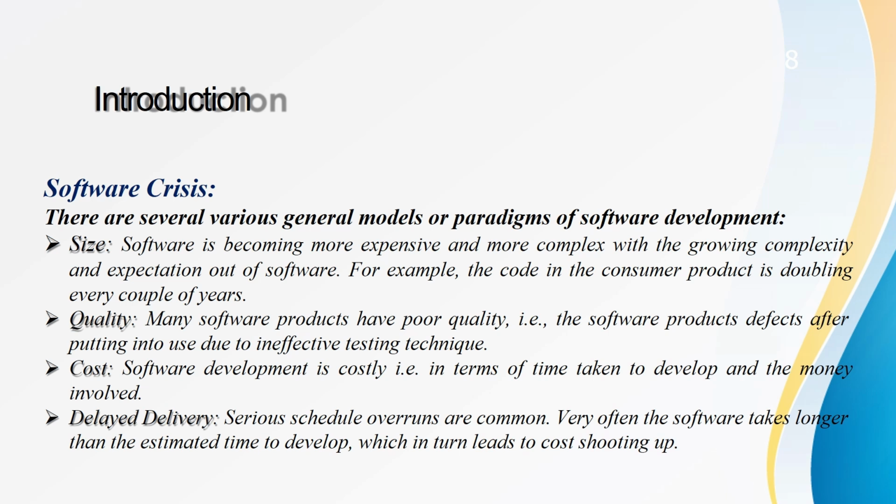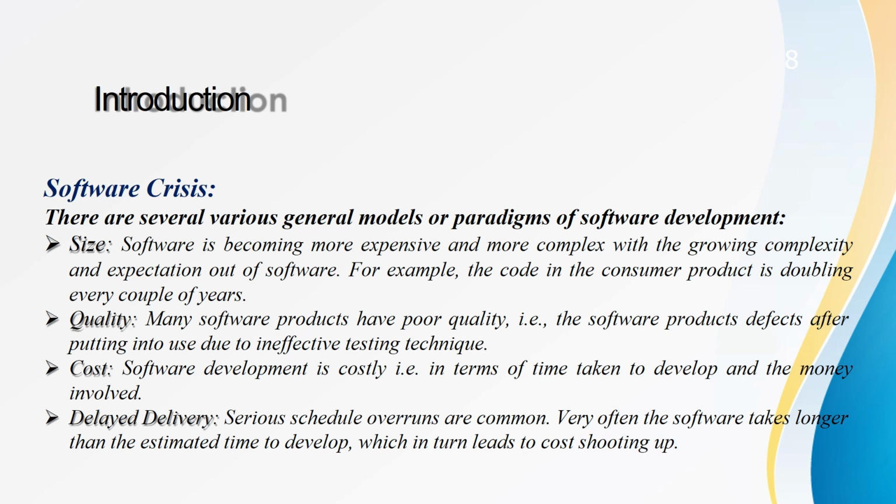Very often, software takes longer than the estimated time to develop, which leads to costs shooting up. How fast we deliver is not a problem, but if we delay the delivery of a software product, then it is also a software crisis. So, these are the four aspects of software crisis.